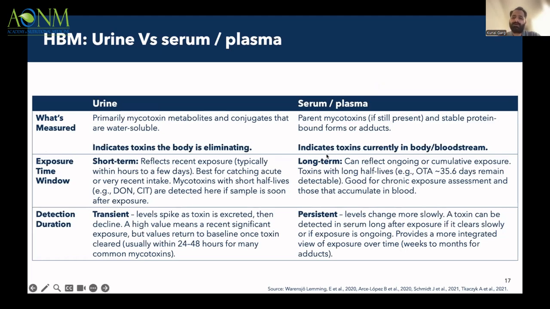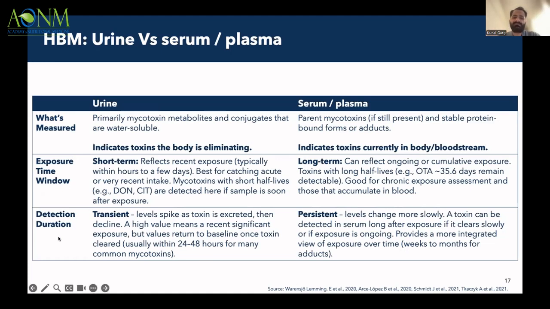But when we talk about long-term cases, for example, ochratoxin has a half-life of almost 36 days. So it is detectable for a long period of time in plasma if it is a persistent mycotoxin that is affecting the body. So you use serum when you want to measure persistence of mycotoxins, but you use urine to measure if the body is detoxifying or not.